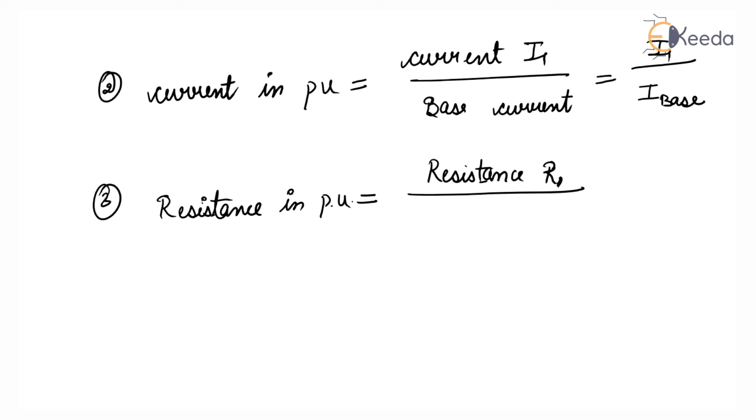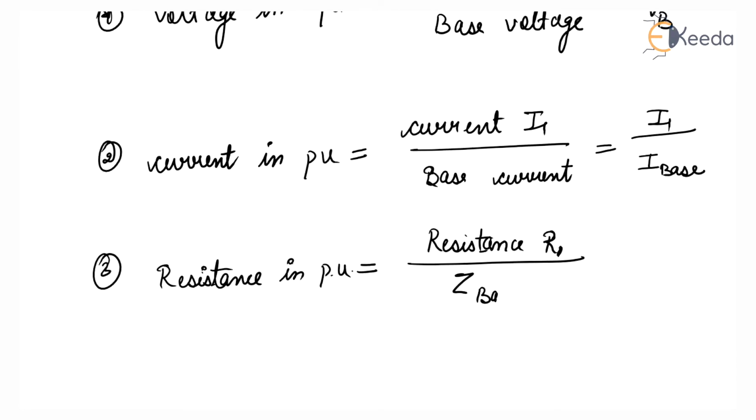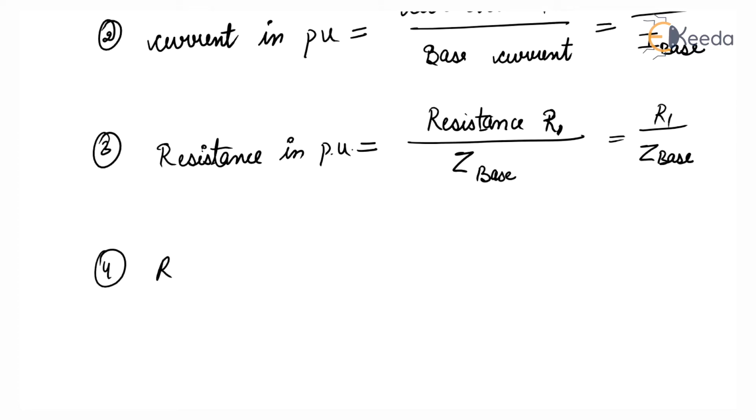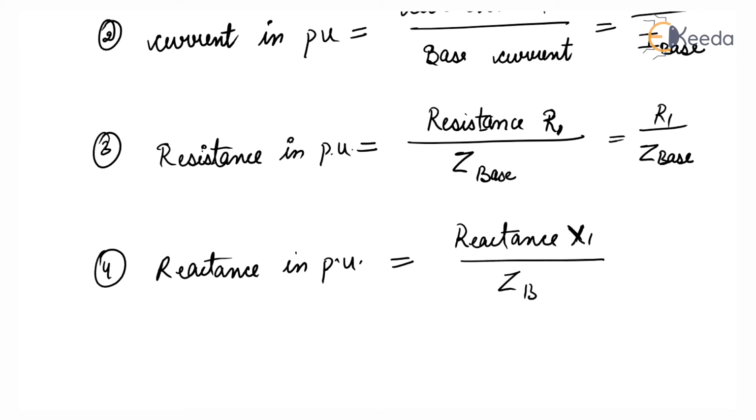For ohmic quantity, the base quantity is Z. Now reactance in per unit, same for ohmic quantity, the base quantity is Z. So reactance X1 upon Z base. Don't be confused by ZB or Z base. This is the same.